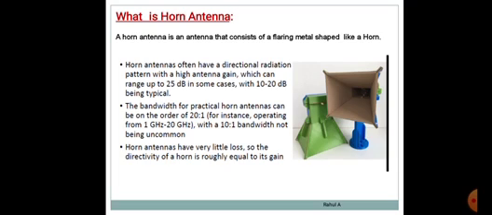Its structure is designed in such a way that almost all of the input power you provide gets transmitted into free space. That means a high gain can be achieved with this horn antenna just because of its directivity.